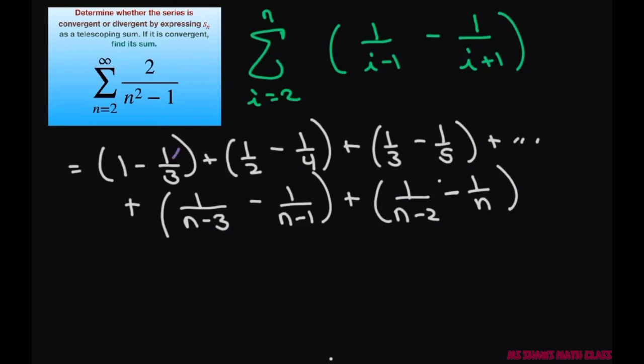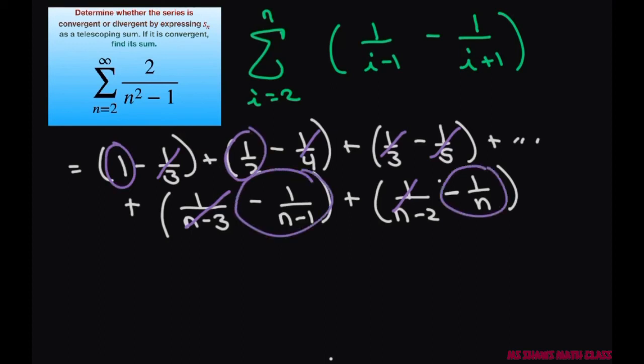So these two cancel out. Basically, this one would cancel out with this, and then this one would cancel out with this one. So basically we're left with, when the telescope collapses, these first two terms and these last two terms.